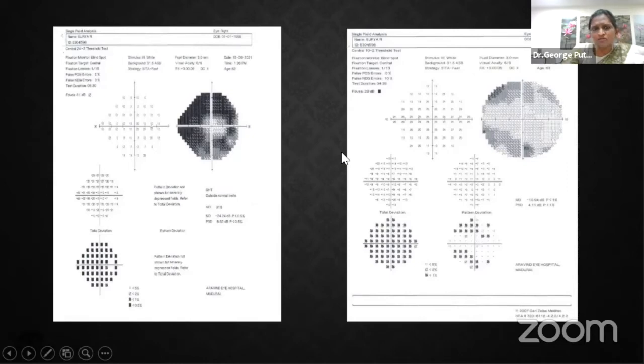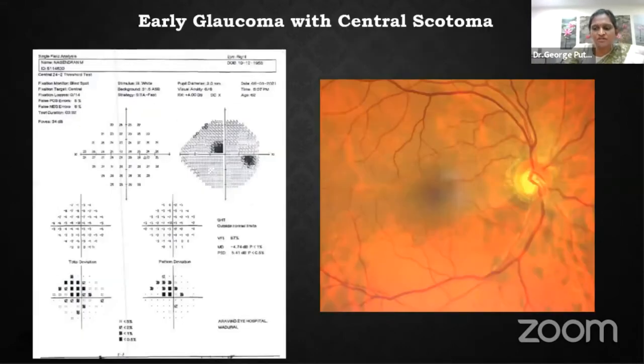So does that mean all advanced glaucoma only needs a 10-2 and early glaucoma should be ordered a 24-2? Here is a patient with early glaucoma with inferior rim thinning and an inferior RNFL defect who had few central scotomas. The mean deviation in the 24-2 is -4, which points towards early glaucoma.